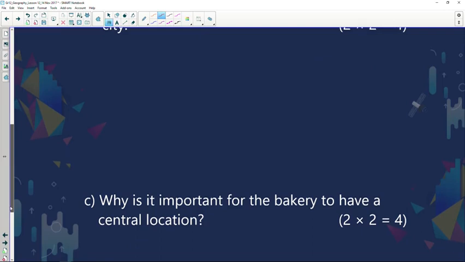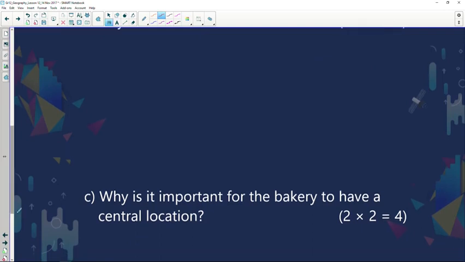Now, the next question: why is it important for the bakery to have a central location? The reason it's important is because it sells perishable goods. Keep in mind, the bread can go off, the cakes can go off. And another reason is that it's very close to the consumers.